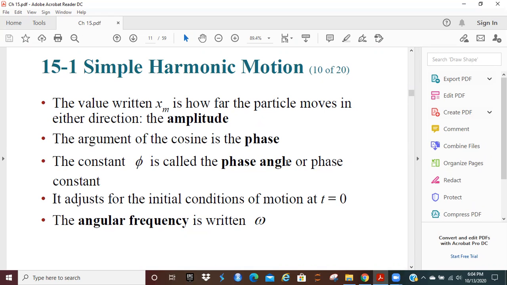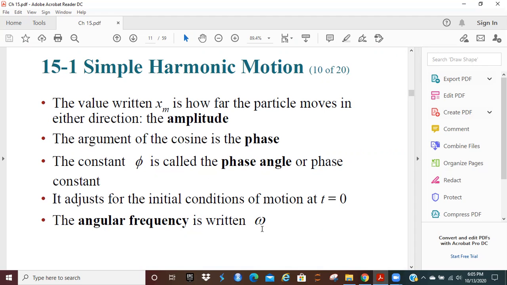So you may not always start out the motion at a particular x sub m. It may be somewhere different, and this phase angle helps you to know where that's going to be. And as it says here, it'll adjust for the initial conditions of motion at t equals 0.